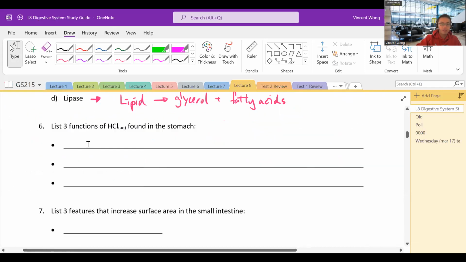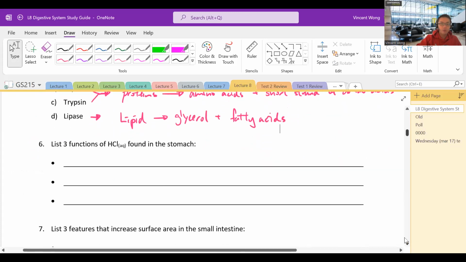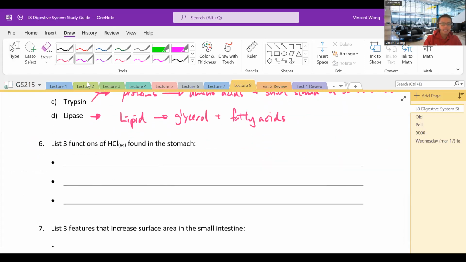Next, list 3 functions of hydrochloric acid in the stomach. One of the functions is to denature proteins. You unravel it, unfold it, right? And by denaturing the protein, it makes it easier for pepsin to break it down.